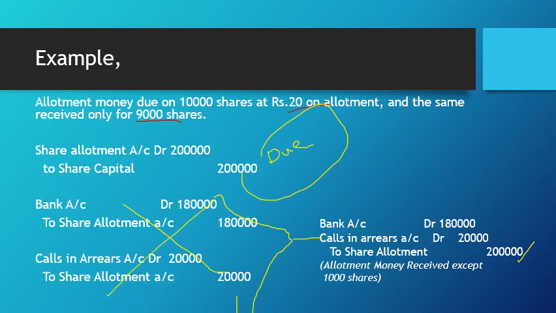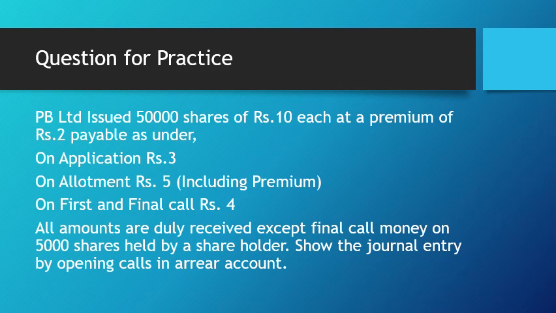We can combine these into a single journal entry by taking bank account 1,80,000 and calls in arrear account 20,000 to share allotment. In both cases there is a share allotment account, so it is 2 lakh. So we can make a compound journal entry from this. It is as per your convenience. If you don't want this, you can go like the earlier way, but it is always better to make a compound journal entry out of these transactions.